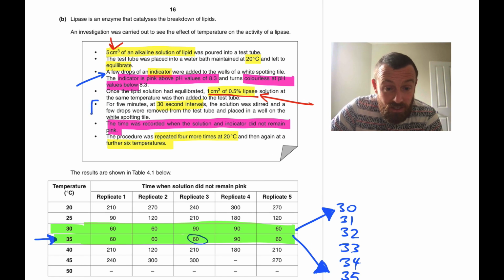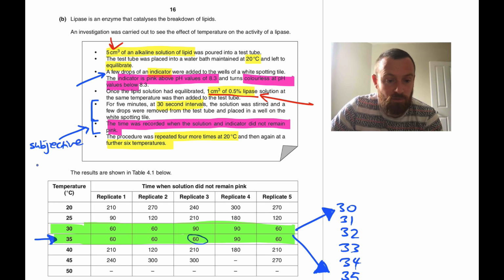For 5 minutes at 30-second intervals, the solution was stirred and a few drops were removed from the test tube and placed in a well on the spotting tile. And the time was recorded when the solution did not remain pink. So this is a little bit subjective, isn't it? Because it's subjective, we could use a colorimeter to improve.